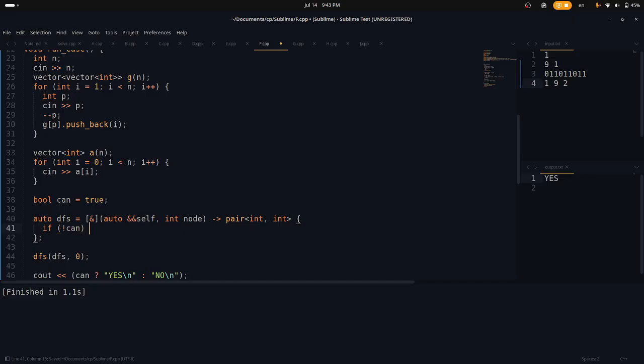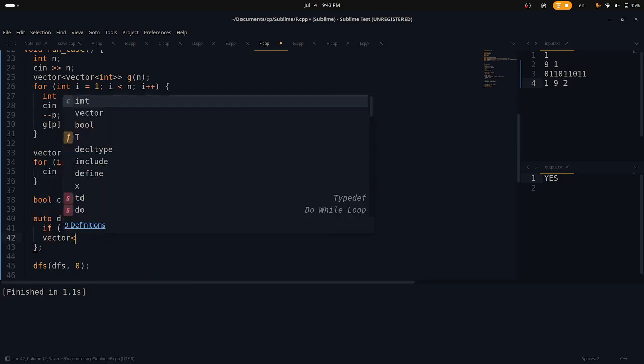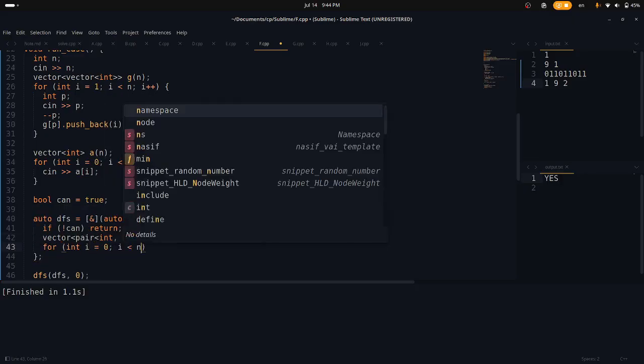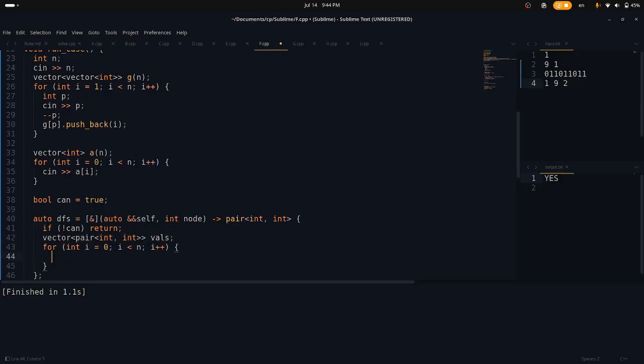If cannot, then we'll just return, because we do not need to do anything. Otherwise we push back.